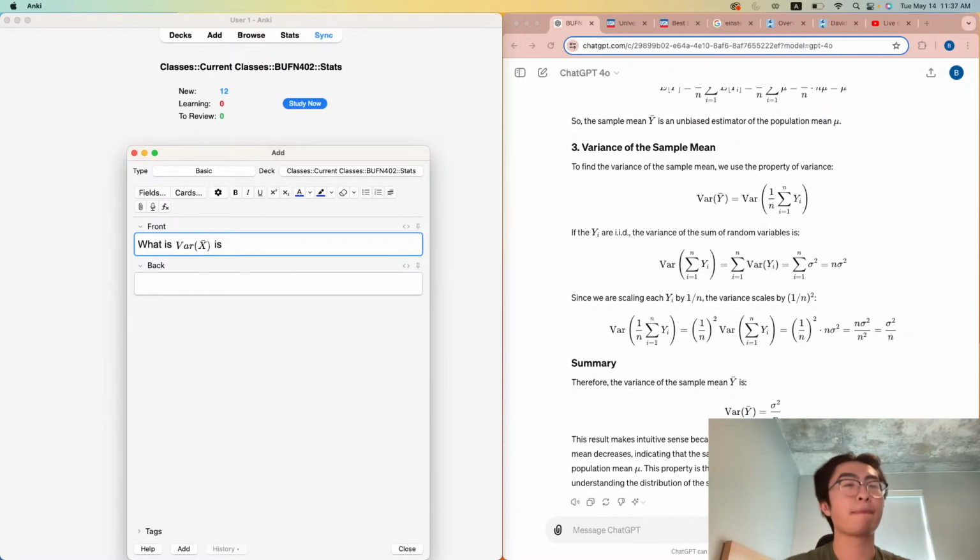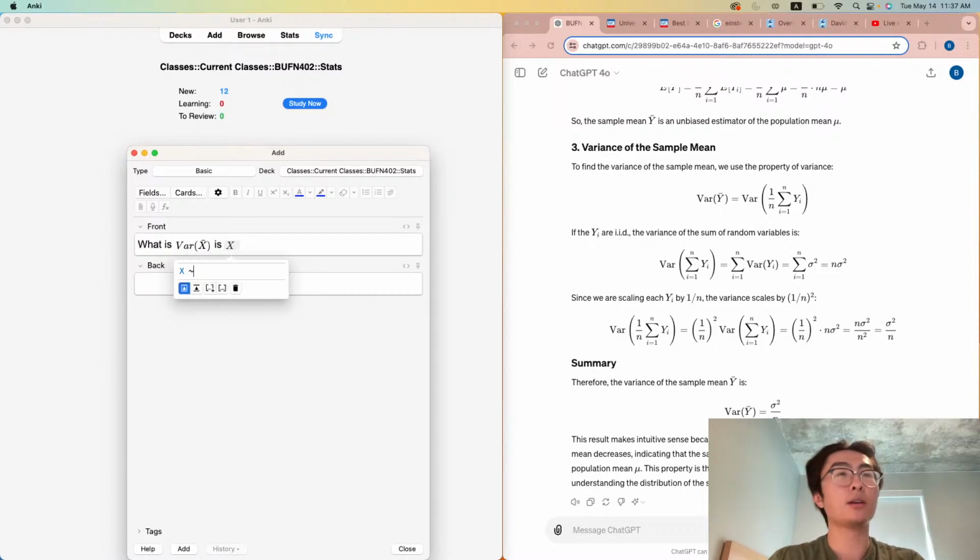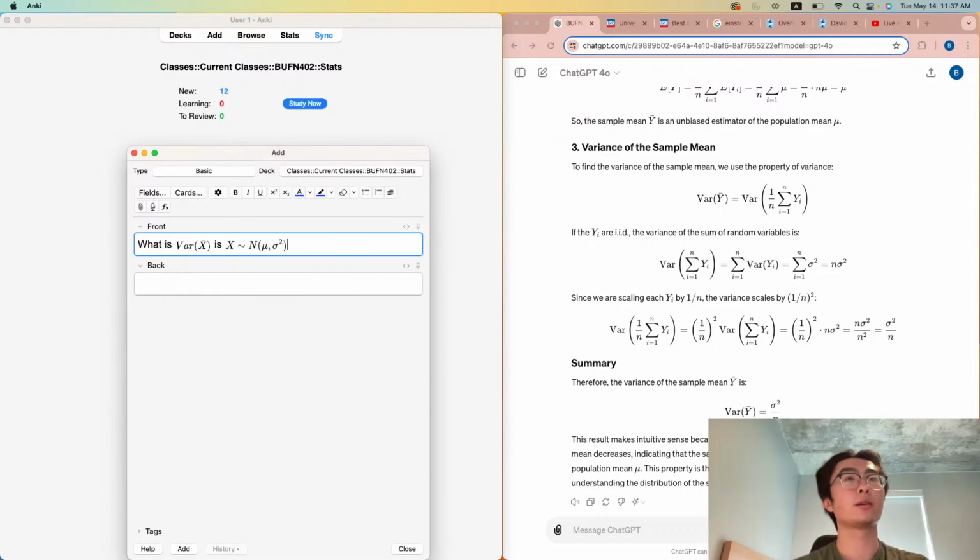If x is normal, so x is distributed normal mu, sigma squared.